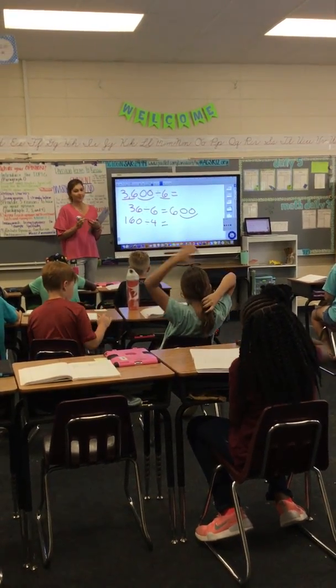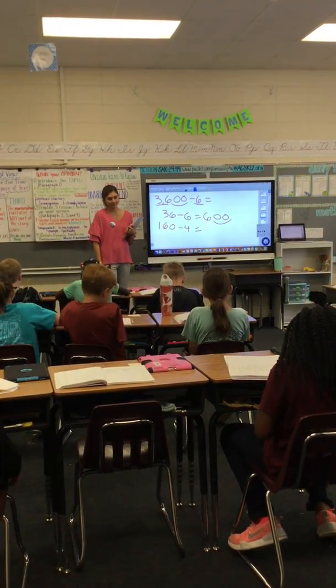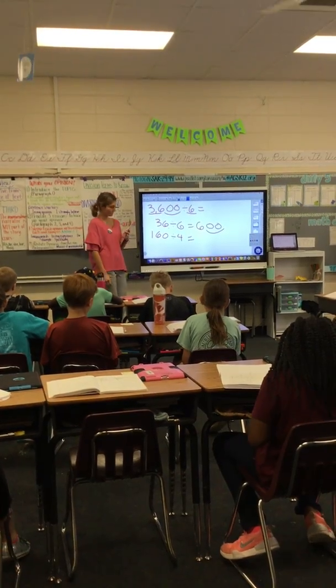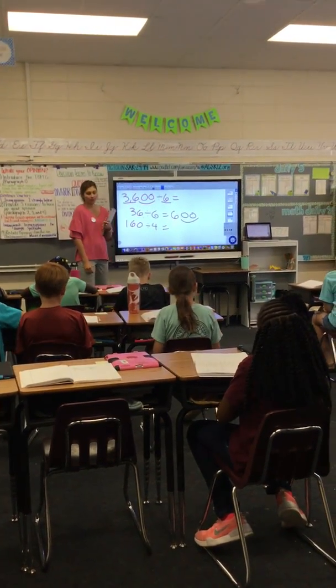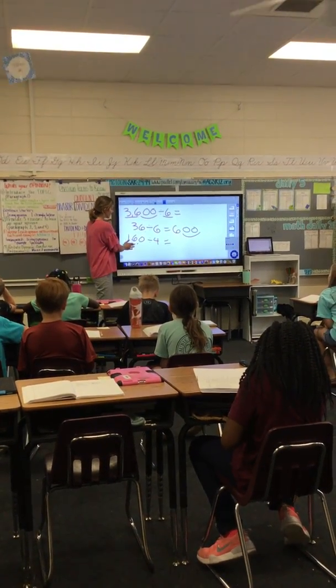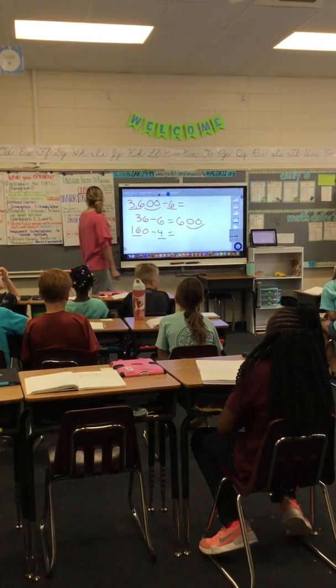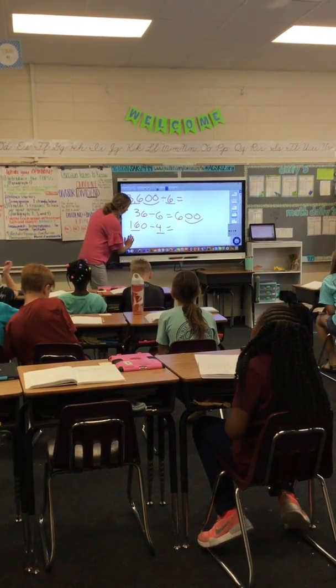Sarah Beth, what's the first thing you did? So I was thinking, okay, so 4 times 4 would equal 16. Awesome. And then I added my 0, so it equals 40. Okay, so you knew that you needed to get to 16, right? And you knew that your divisor was 4.